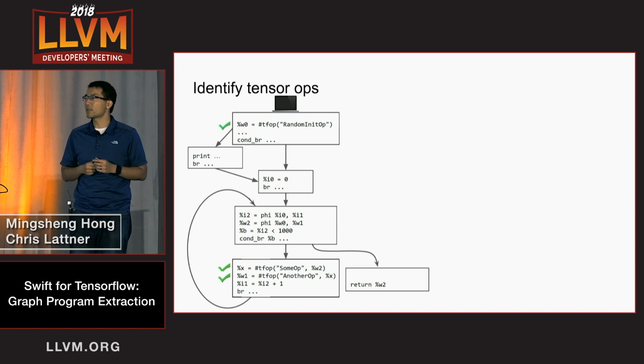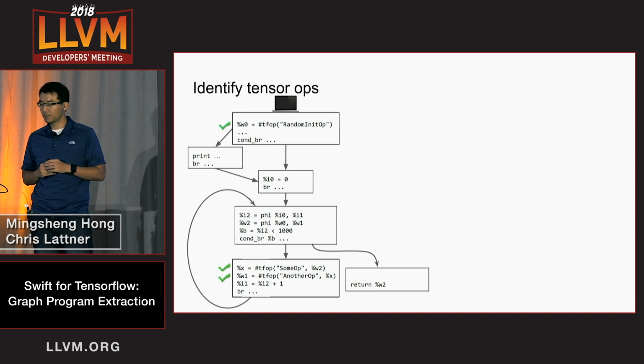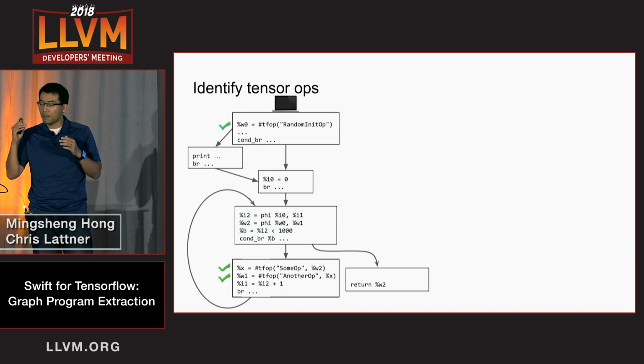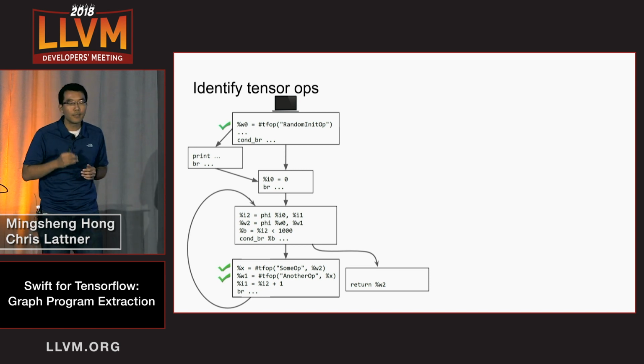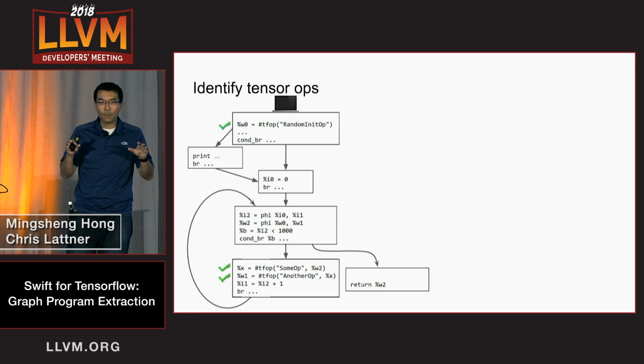The first step is we mark those tf_op instructions. You may recall that this magic tf_op, these new types of instructions, are the operations that must run in TensorFlow. So they form anchors in the graph function we're about to build.